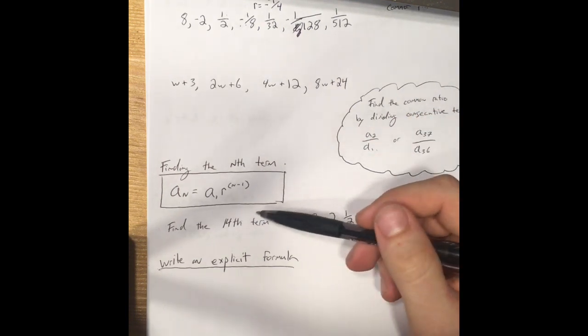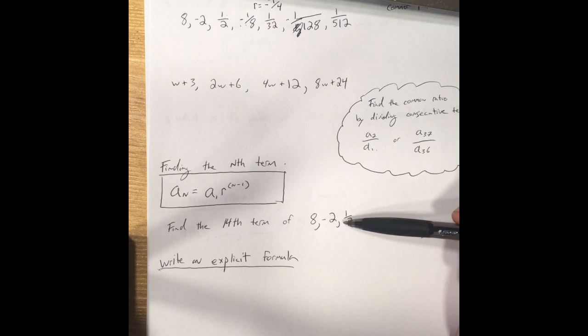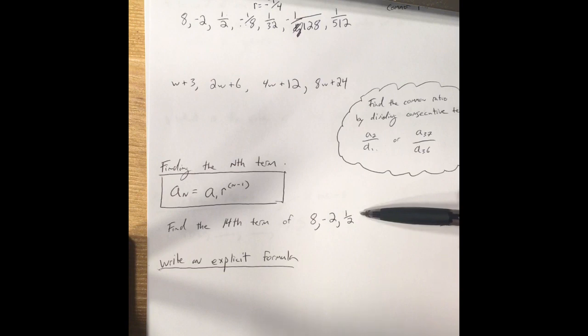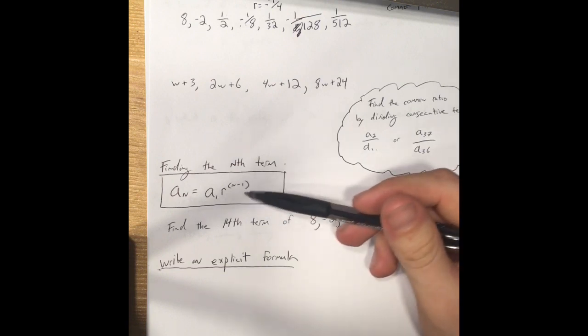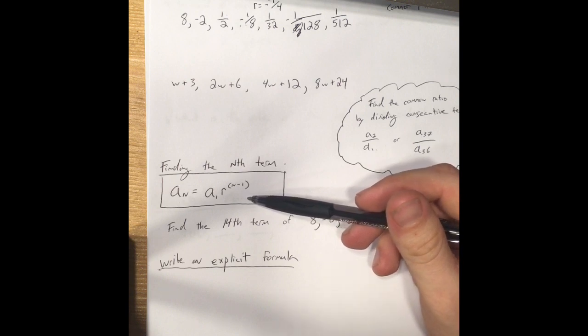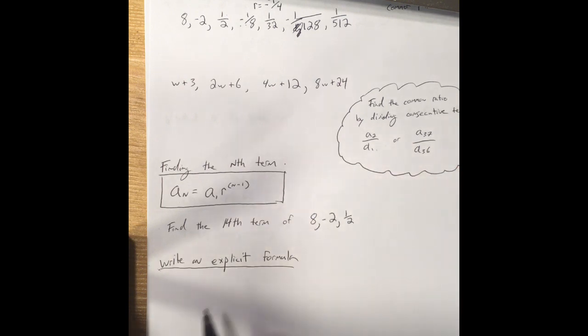So we're going to try and find the 14th term of the first sequence we dealt with earlier: 8, negative 2, 1/2. First thing we're going to do is put this in the formula, so we're going to write an explicit formula.